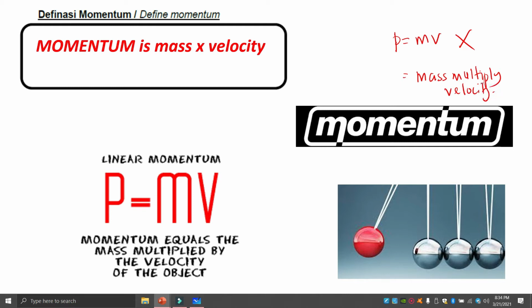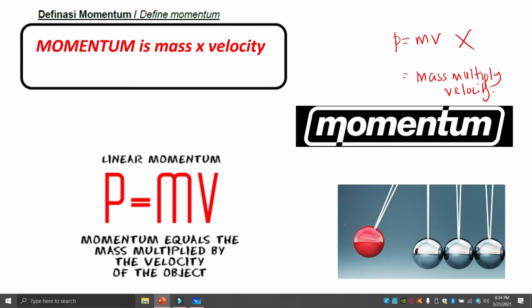But remember, not all physical quantities can use the formula as the definition. Sometimes you have to use other words. That one we will discuss more later. But for this one, yes, it's okay to use the formula as a definition.